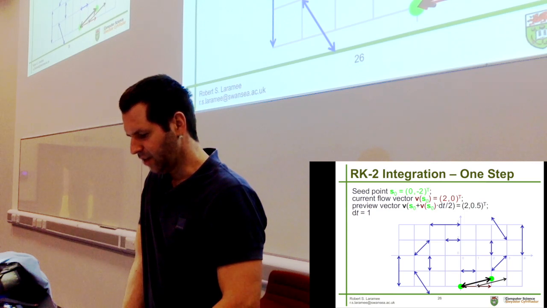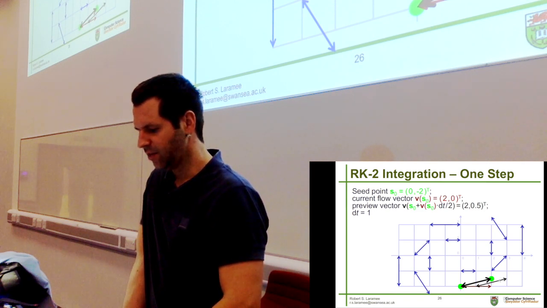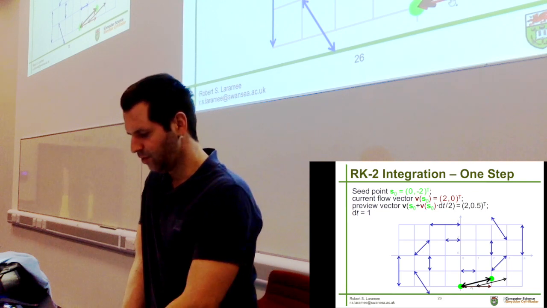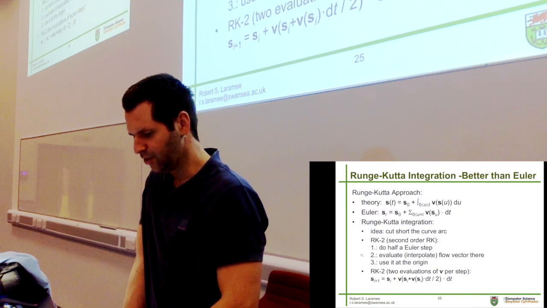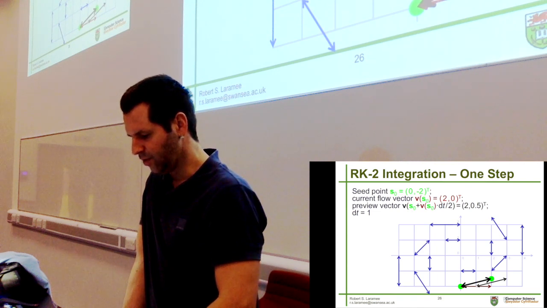So look, there's a vector halfway along the Euler vector, and it's right here. See? That's that one. That's called, in this context, the preview vector. That corresponds to these 2 steps. Do a half of an Euler step, evaluate the flow there, or interpolate the vector there. So we have 2 vectors, the original Euler vector, and then another one.